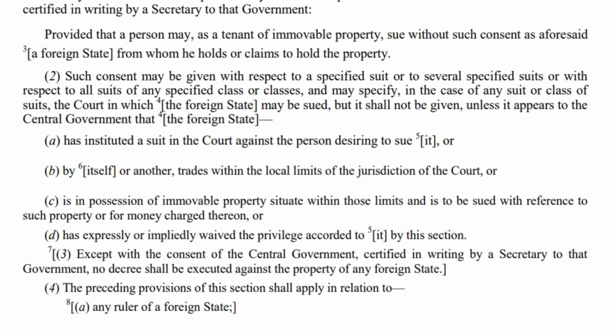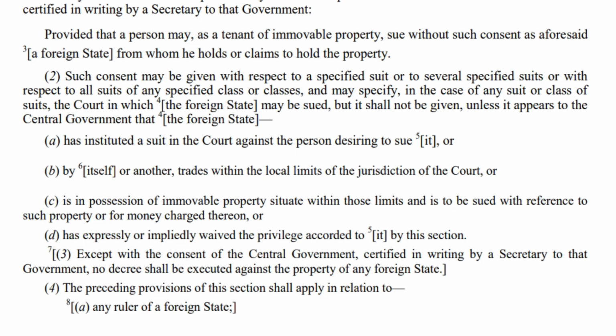And the next point is point C. This particular state, that is a foreign state, is in possession of an immovable property situated within those limits. So the point is, it should have an immovable property within the limits of that court. First point. And the second point is that this particular property is going to get sued with reference to the money charged thereon.